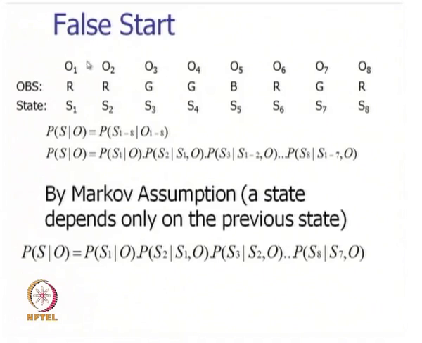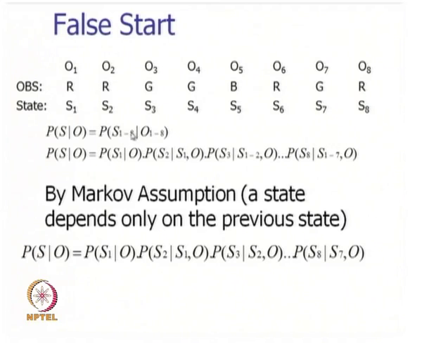Now, here is a false start possibility in the mathematical treatment of the situation, where given the observation sequence, our interest is in the best possible state sequence. So, suppose we mathematically treat this expression P S given O. Now, P S given O is nothing but P S1 to 8 given O1 to 8.